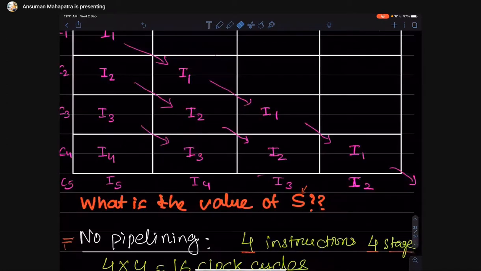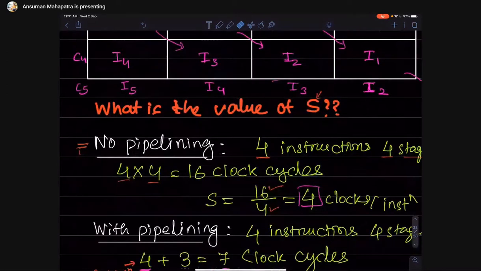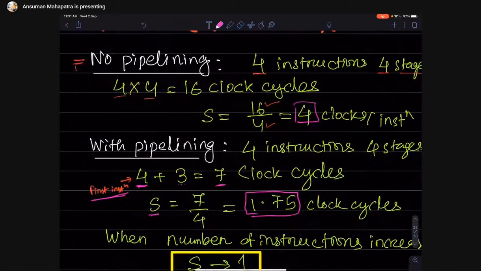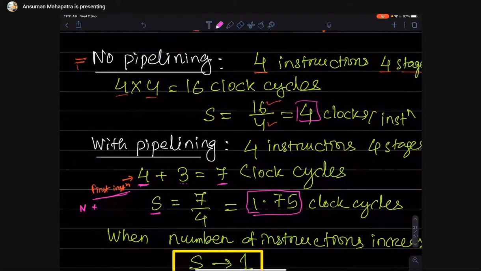So if you write this as an equation, n is the number of instructions present in your program, plus the number of stages, minus 1, something like that. Whatever it may be, you understood the concept, right? The first term is the number of stages, not n.